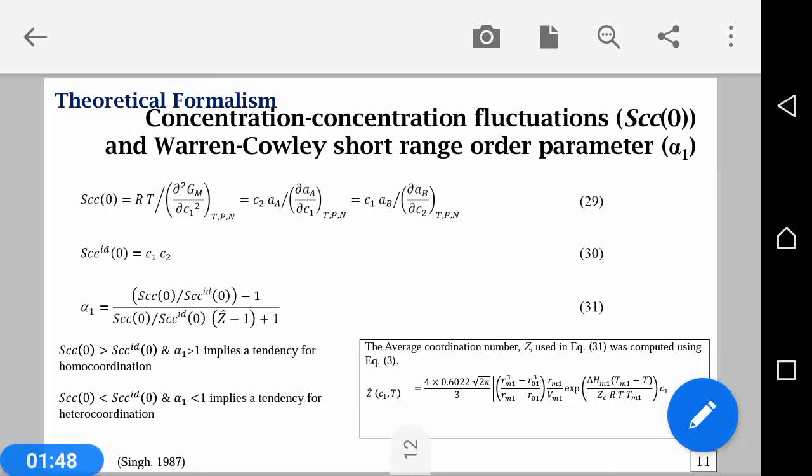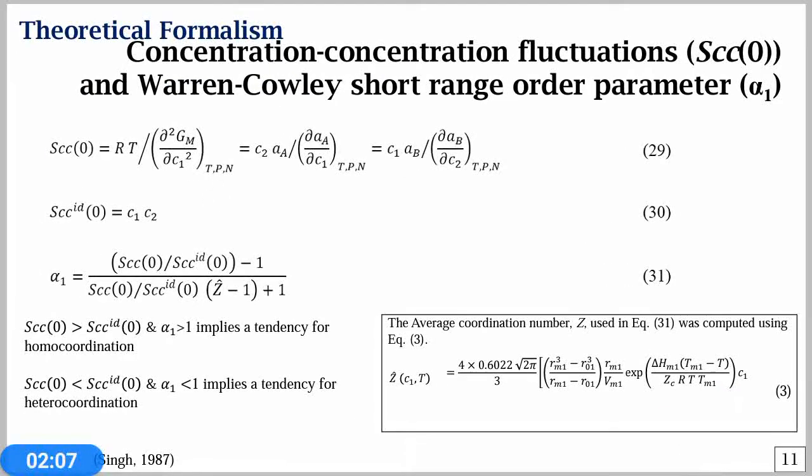When SEC0 is greater than its ideal, or alpha 1 is greater than 0, it implies preference for like atoms, that is, tendency for homocoordination or segregation in the mixture.